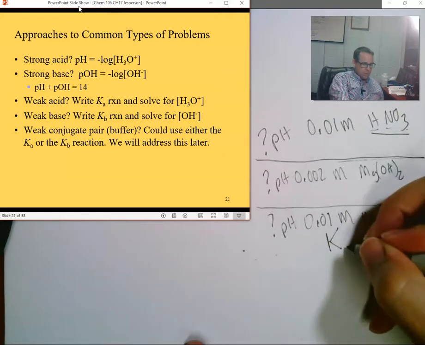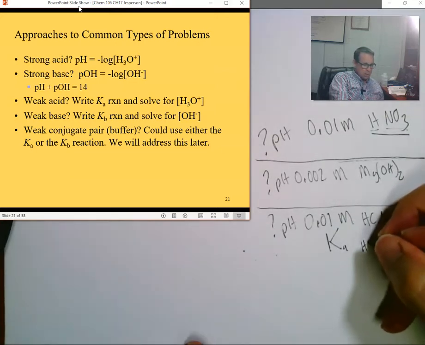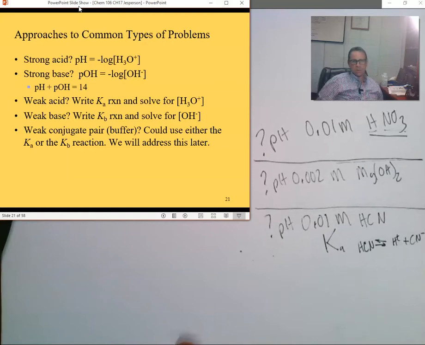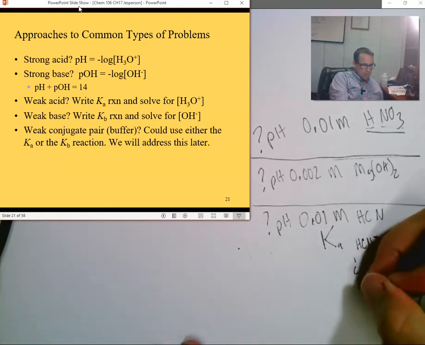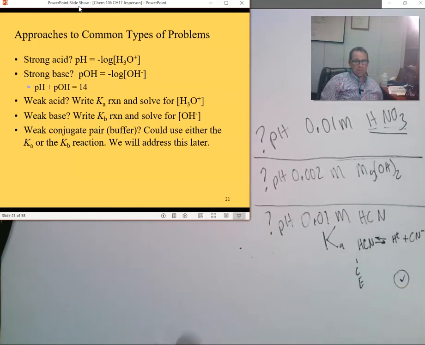Therefore, to answer this question, we need to have a Ka associated with that HCN, which indicates to us how much of the HCN will actually dissociate into the respective ions, correct? And once we have that, we can do an ice table, identify the equilibrium concentration of the hydrogen ion, and then take the negative log of that, and that will be the pH for our solution.